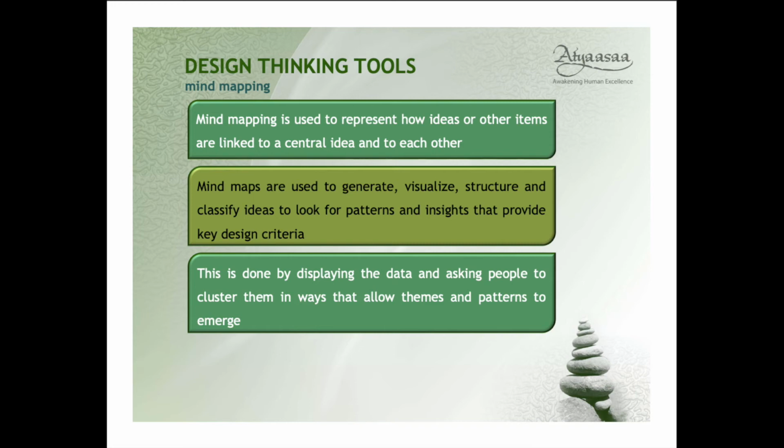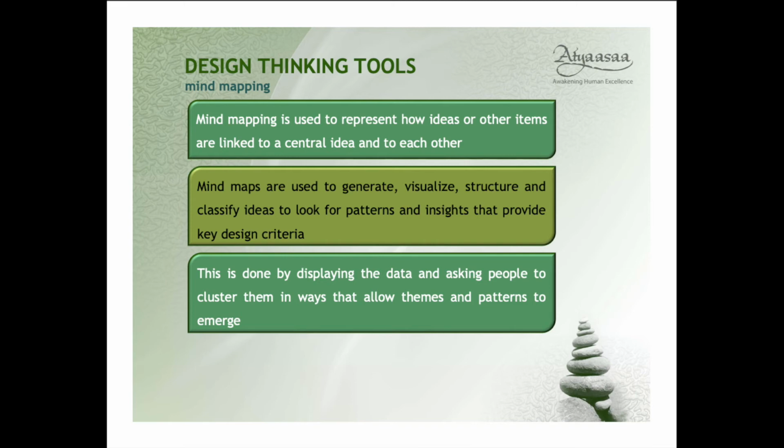And then you have the secondary and the tertiary components of the prototype, which put together create the entire phase of the prototype. So mind maps are used to generate, visualize, structure, and classify ideas, to look for patterns and insights that provide key design criteria. This is a tangibility that comes into a prototype. If there is no mind map tool, then it just resides in your head. That's it.